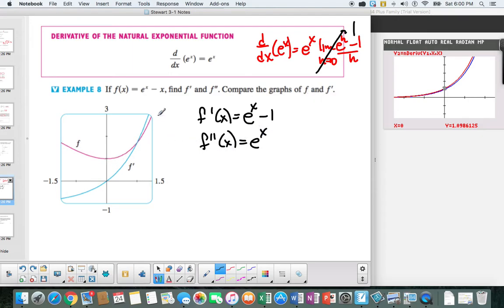So here's f, and let's take a look at its derivative. The slope of the tangent line is negative, which is exactly what we're getting, a negative value at that x value. Right here, the slope of the tangent line appears to be 0, which indeed is the value of the derivative at that point. Right here, the slope appears to be positive, and the value of the derivative at that point is also positive.